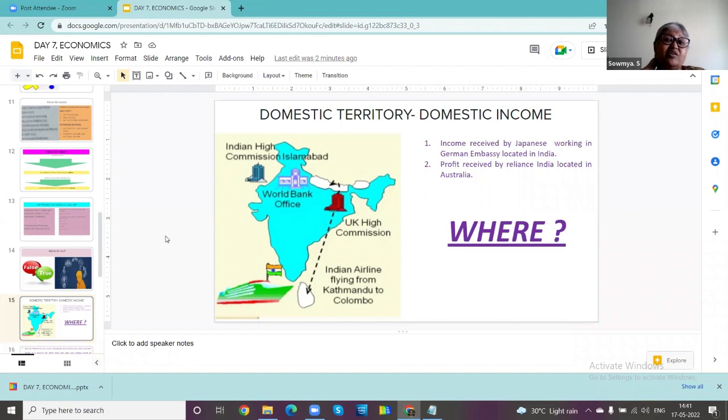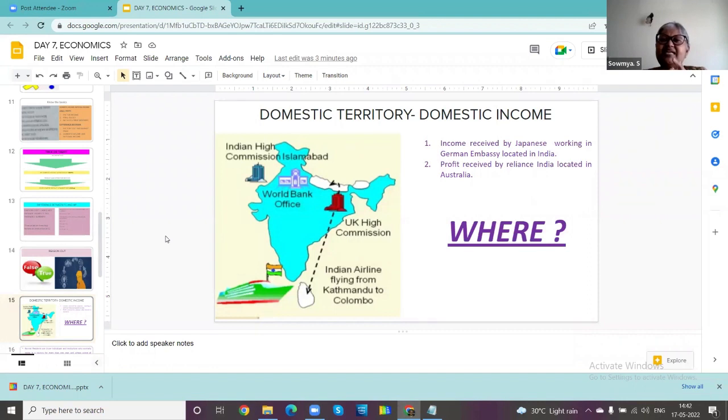I have an example there on the slide. Income received by Japanese working in German embassy located in India. It is located in India, but it is a German embassy. Any embassy, let's say Indian embassy, wherever it is, will belong only to India. Same way, German embassy, wherever it is, will belong only to Germany.